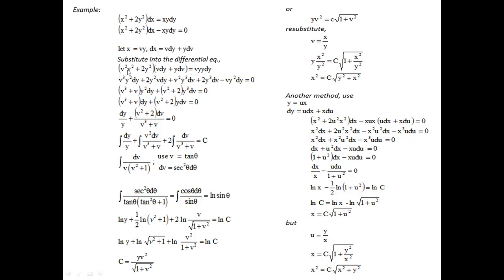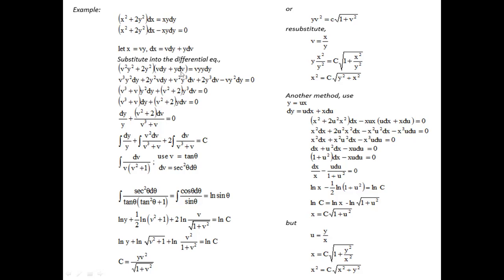Your x will be vy, so it's squared, and your 2y squared is copied. Your dx is v dy plus y dv. And in here, you have vy for the x, and then another y, and then you have dx. The rest is your algebra.